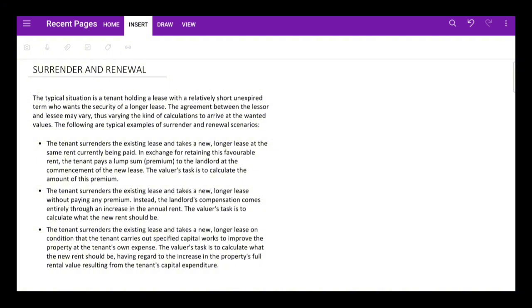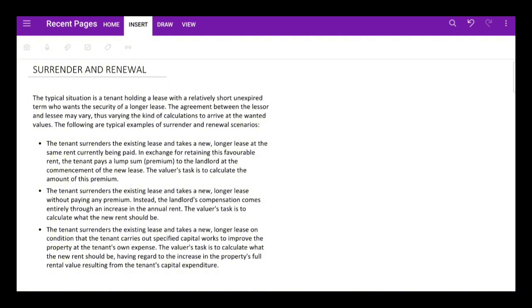So typically what happens is that there is a leaseholder who has held a lease of a property for a while and wants to secure some kind of favor from the landlord, and therefore is willing to surrender the remaining part of his lease. Maybe it may be a couple of years till the end of his lease, but he's saying, you know what, I will surrender that remaining part of my lease just to be able to get a favor from you. So that favor may include securing a longer lease.